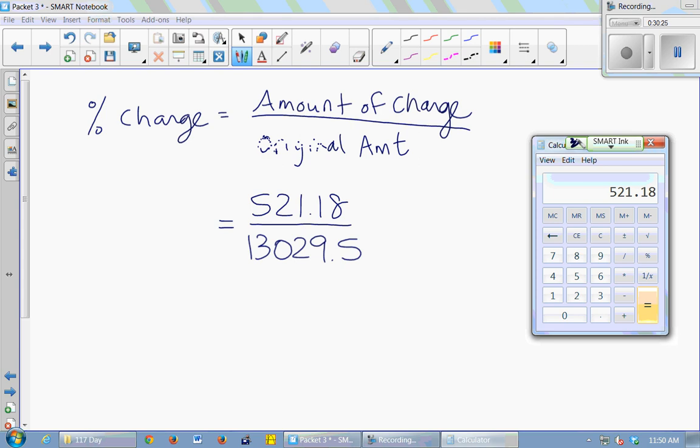Right, that's my original amount that I started with. So I divide by 13,029.5 and I get 0.04, which is 4%. And we know it's a decrease because the numbers got smaller, right? 4% decrease. So if you're familiar with this way of calculating percent change, you can use that. That's fine. You don't have to use the algebra method that I have been showing you.